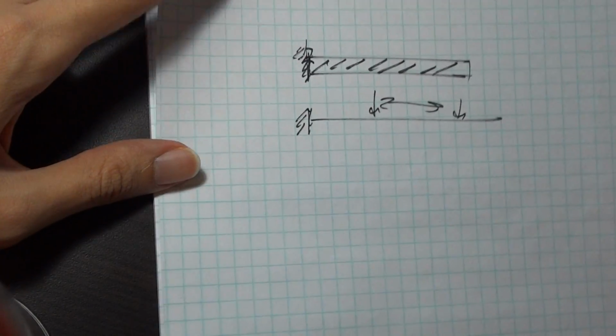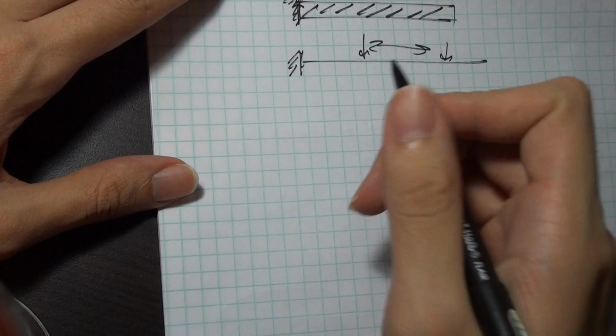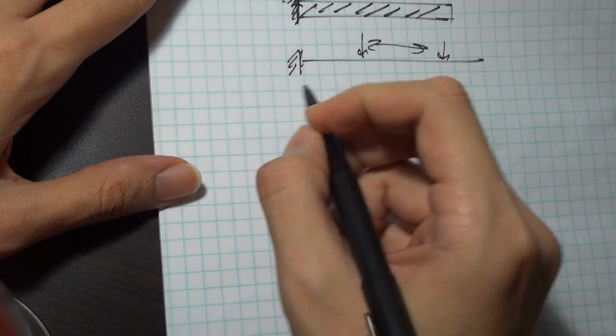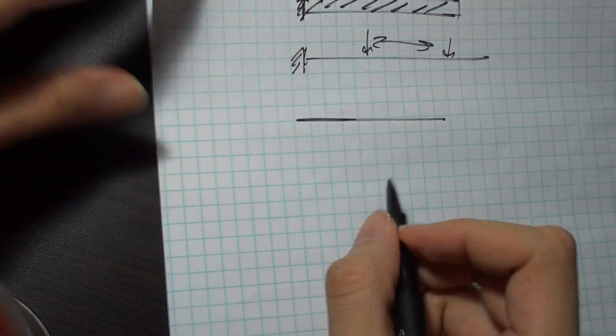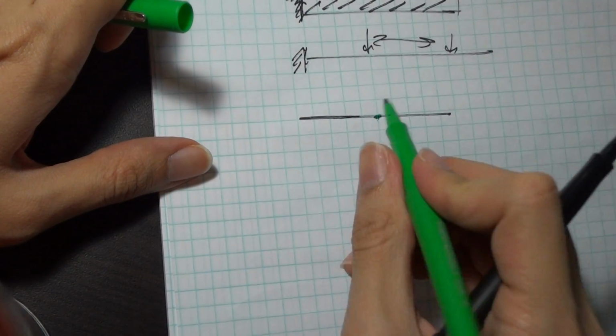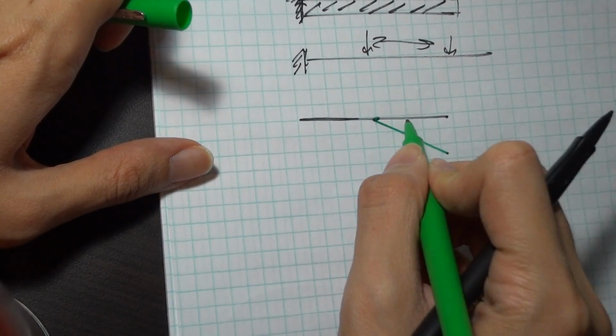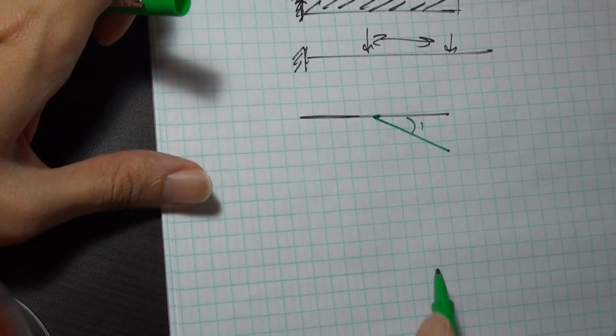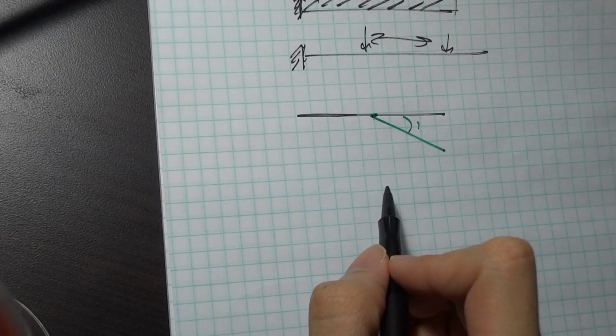That's for reactions. The next one I'm going to go over is moment. For moment, I take my original drawing, and then I just apply a unit rotation at the point I'm interested in. So let's say I'm interested in this point. I apply a unit rotation there. We'll go over what this angle means later on.